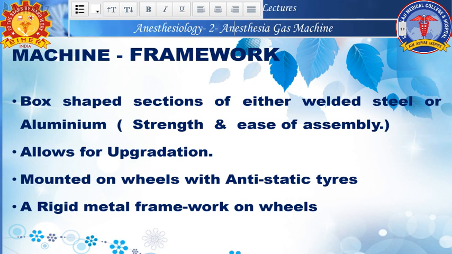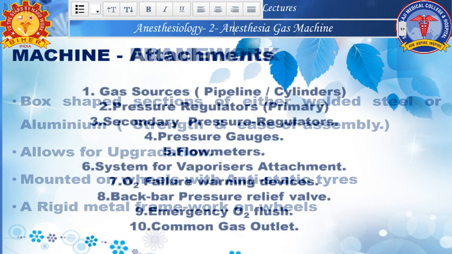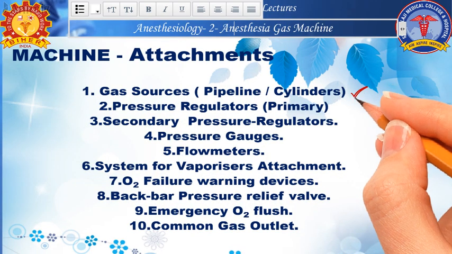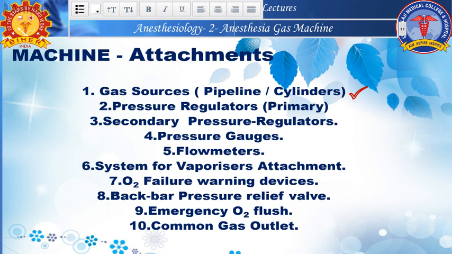That's the basic standard. So there are 10 important components of any anesthesia gas machine. First and foremost is the gas sources. It could be either from pipeline or from cylinders, but normally we have both. Then the pressure regulators. It could be the primary, secondary, or flow restrictors. Then the pressure gauge, then the flow meter, then the system for vaporizer attachment, or the vaporizer segment.